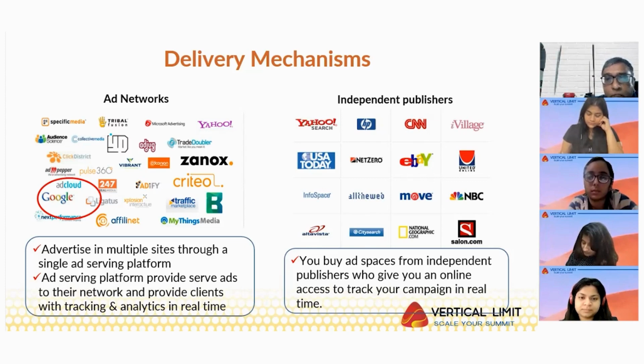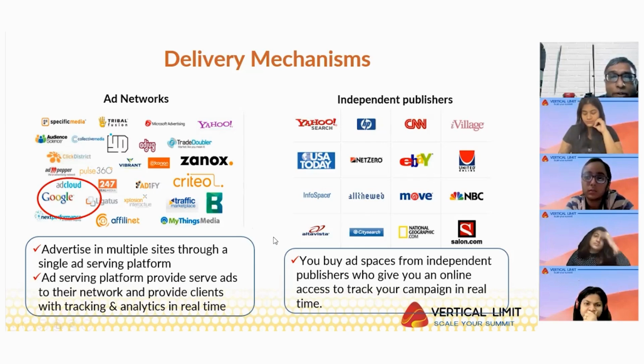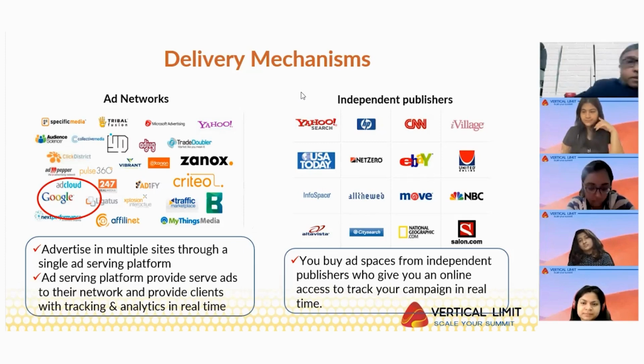Medium. Or a LinkedIn. So there are independent publishers and there are ad networks. Your choice of where you want to advertise will depend on what your medium is or where your customers or consumers are. All right. So that's how your choice will be determined.